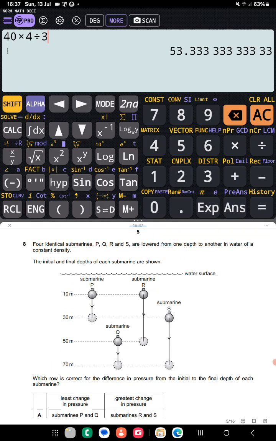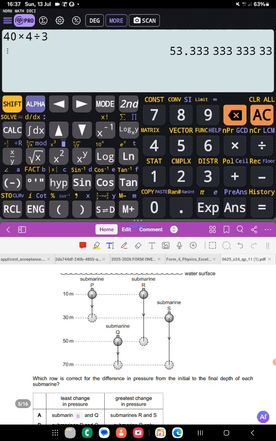Okay, so we have submarine P. Submarine P initially was at a depth of 10, and then it goes down to a depth of 30.